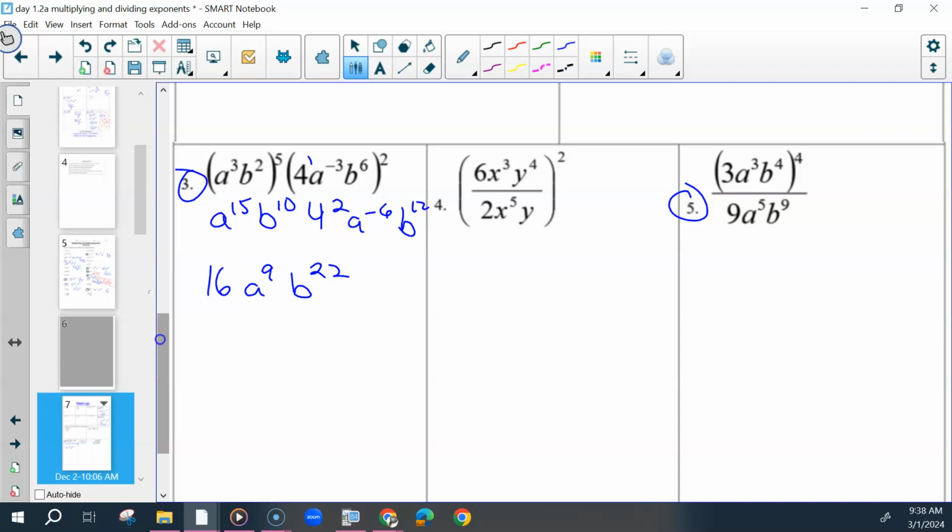Number 5, we are dividing and raising an exponent to another exponent. We can't divide because of the parentheses, so we have to deal with this first. Multiply all of your exponents. 3 to the 4th, a to the 12th, b to the 16.